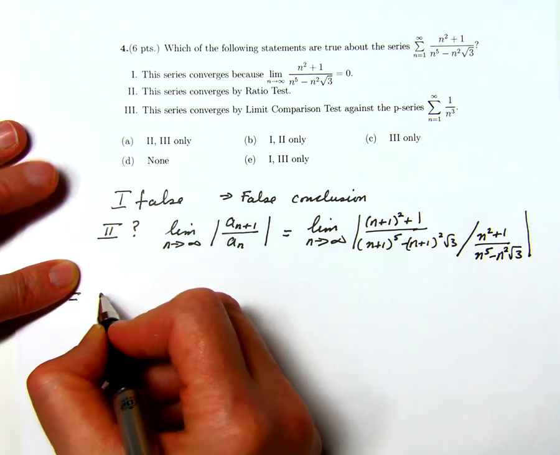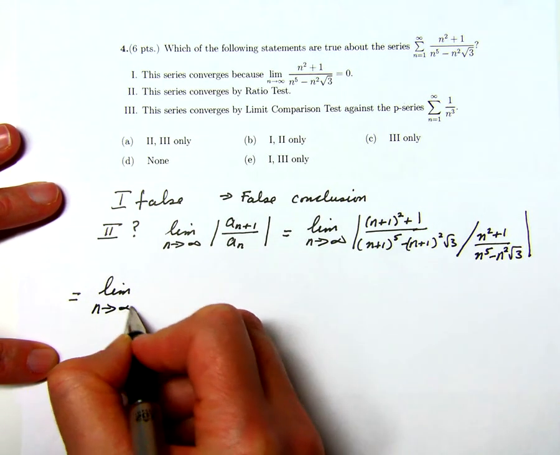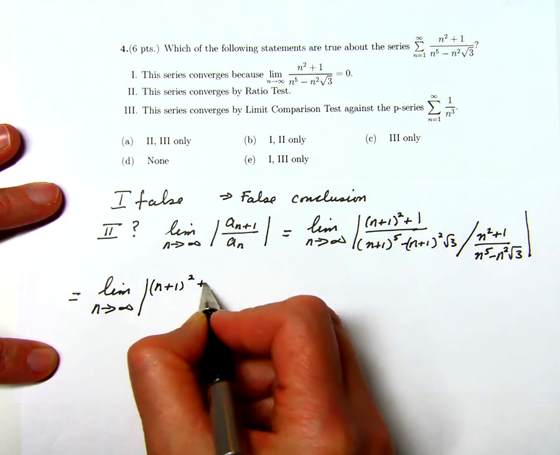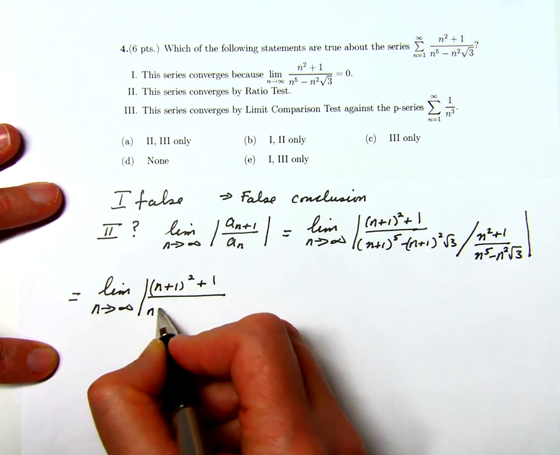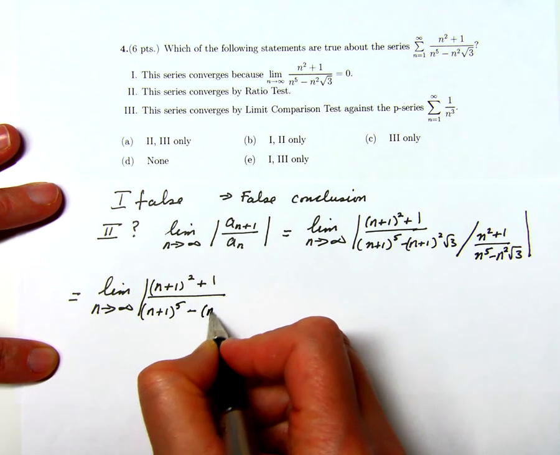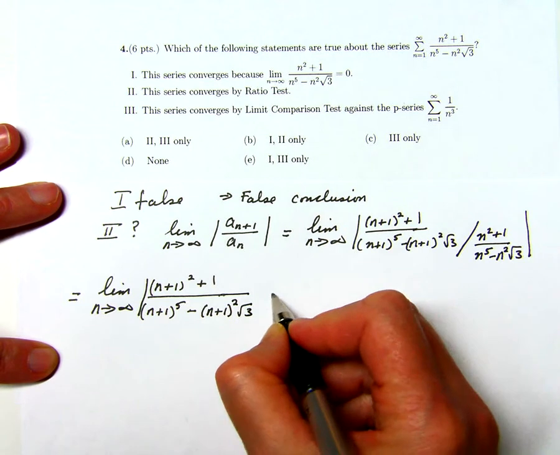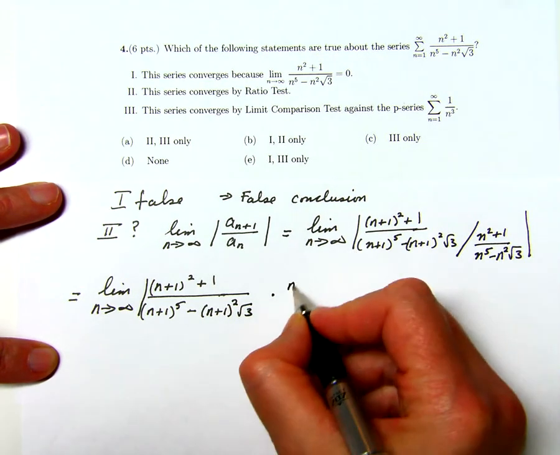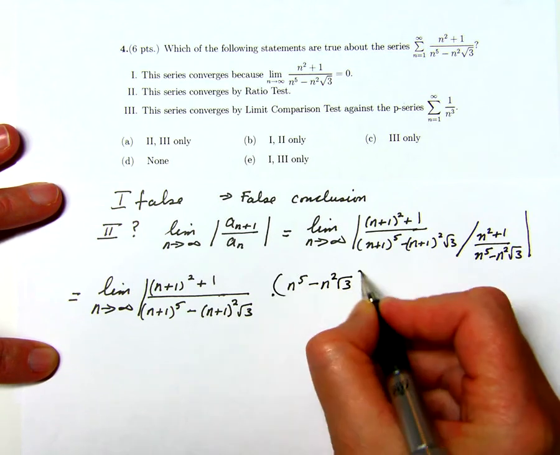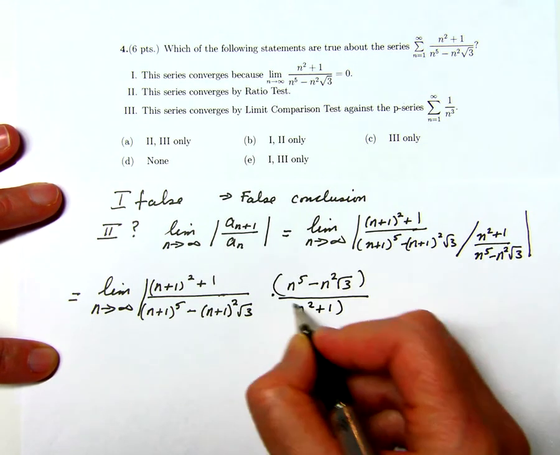Now I invert that lower fraction, and I get that it's the limit as n goes to infinity of an plus 1 times n to the 5 minus n squared times the square root of 3 over n squared plus 1.